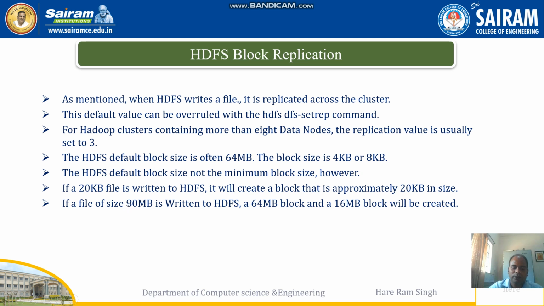So if you have 80 MB of data, then the 80 MB of data will first be split into 64 MB, and the remaining block size is 16 MB. So here two blocks will be created, one of 64 MB and another of 16 MB.